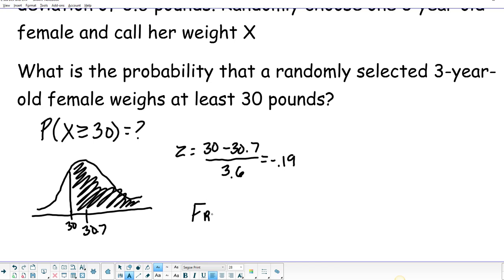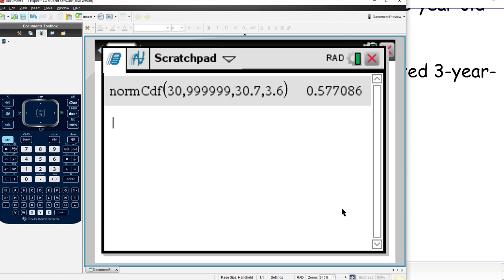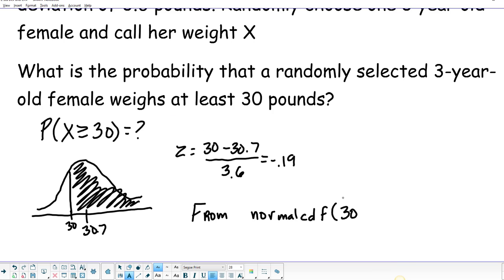We have to show our work. Showing our work using the calculator command, we enter what the command was, normal CDF, but we have to enter in exactly how we saw it, defining what we call the parameters. The first thing was 30, and we remember that was our lower bound. Then we choose our upper bound, the next thing that shows up in our calculator.